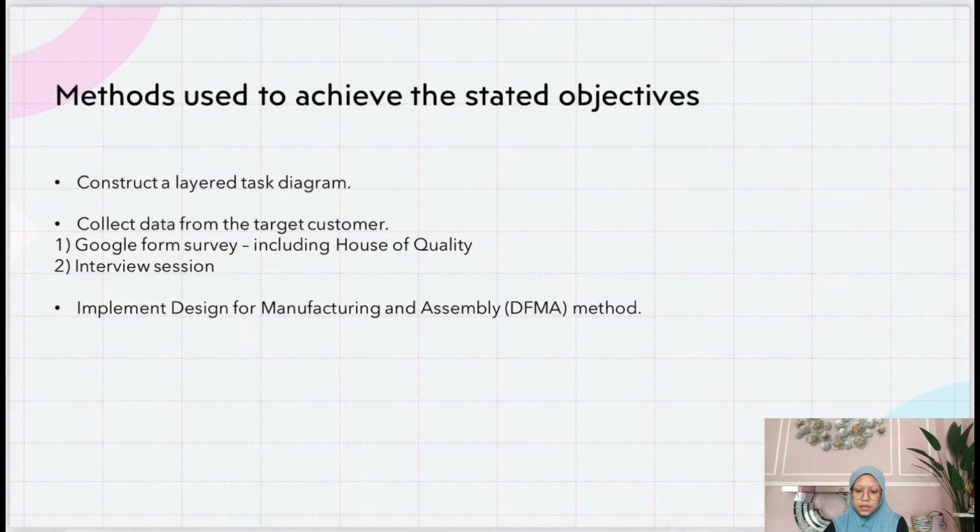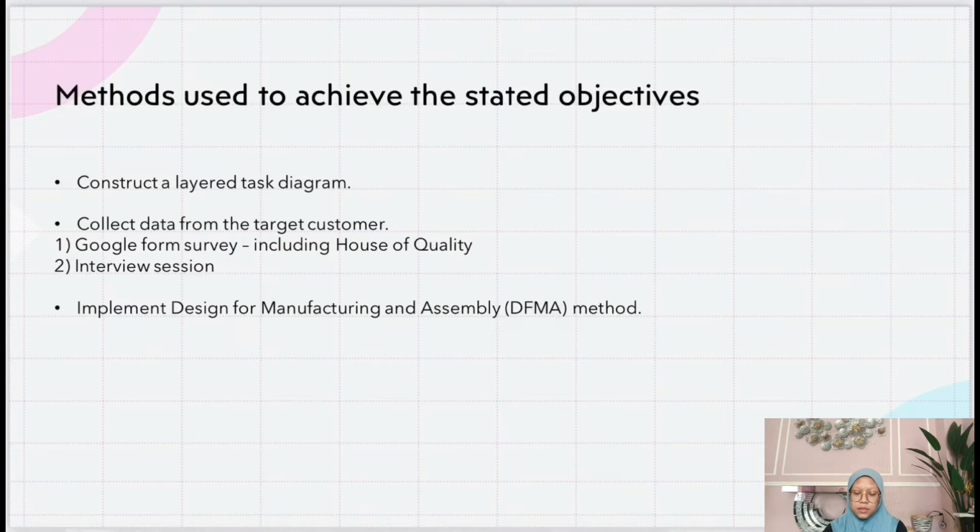The second one is, since we don't have customer feedback yet because the product hasn't been fabricated, we made a Google Form survey to collect required data, including the users' problems and their preferences in designing the product. The main part asked in the survey is the house of quality, HOQ.